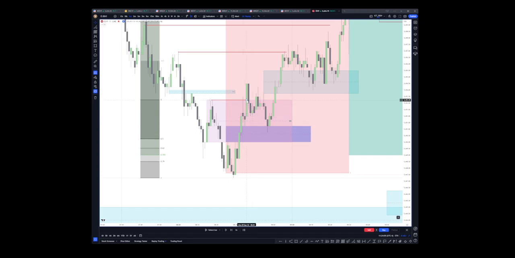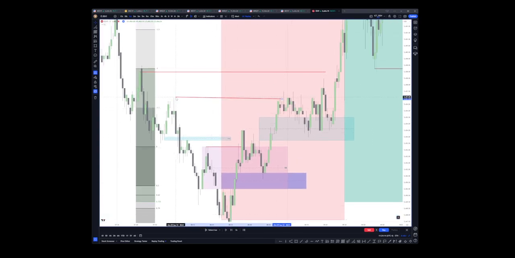This candle created a market structure shift. It came up, here also. Let's go here. I will draw this until I see a complete market structure shift.